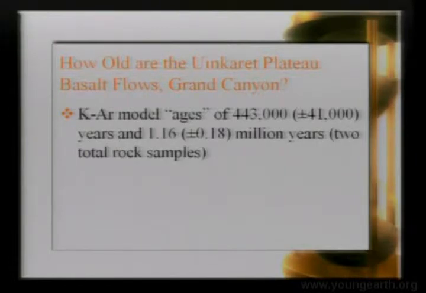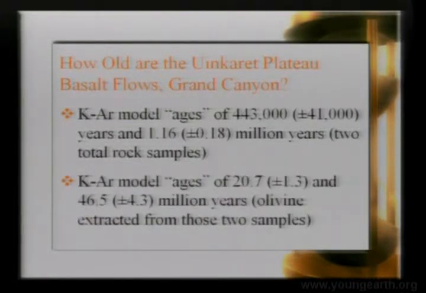So they give potassium-argon single sample model ages from 443,000 years all the way up to just over 1 million years. Okay, that's comparing two rock samples. We also extracted a mineral, the green mineral olivine, from which we get our gem mineral called peridot. Some of you might have heard of peridot. It's a gem variety of olivine.